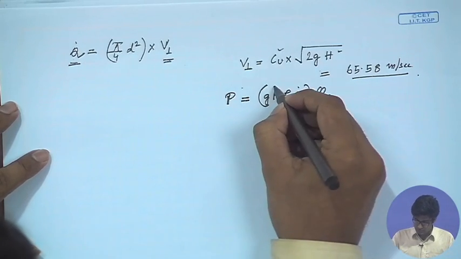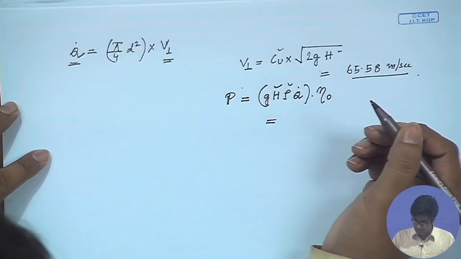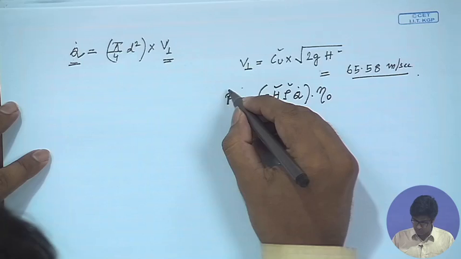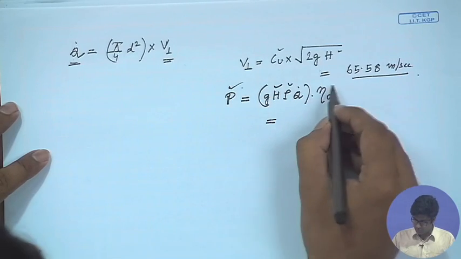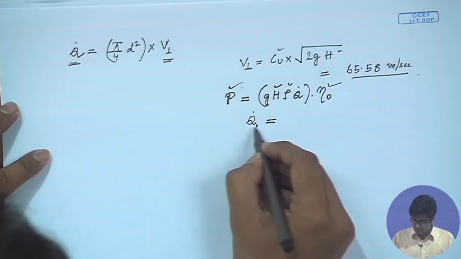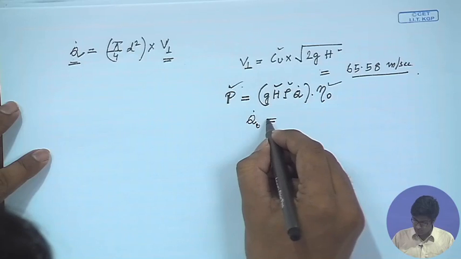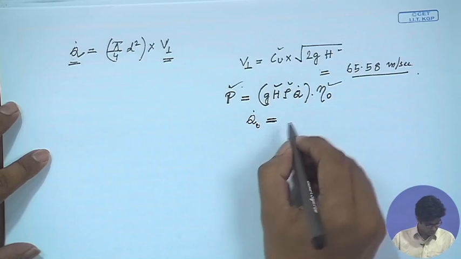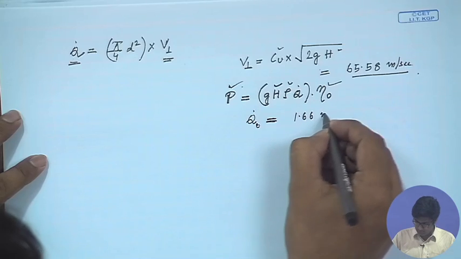So, we know the net head available, the density of water, and we know the value of the power per jet we have found out earlier. We know the overall efficiency also. So, from here we can find out the flow rate per jet for one jet as 1.66 meter cube per second.